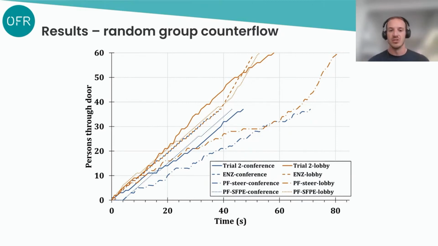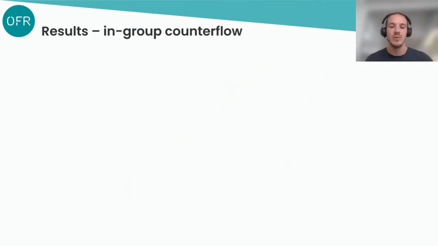This wasn't observed in the trials typically, as participants generally formed lanes, as we said previously, to pass through the door, and where participants did actively cut across the face of the flow, the collision was resolved quickly and the flow continued.